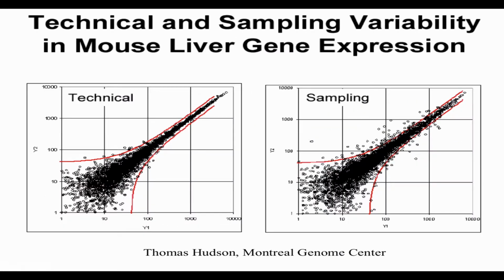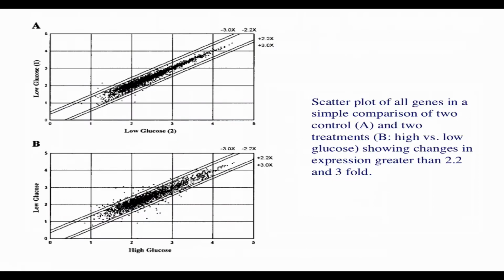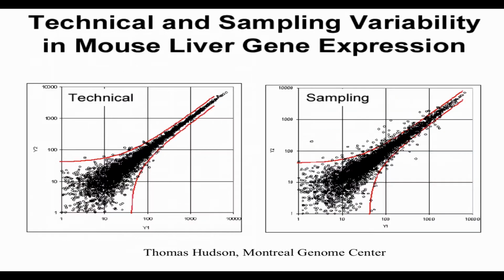There's also this idea of, well, these are cell culture yeast, I think. These are mice. And the variability that you observe in a mouse is a lot more. So these are technical variants. So it's the same liver sample put on the array twice.